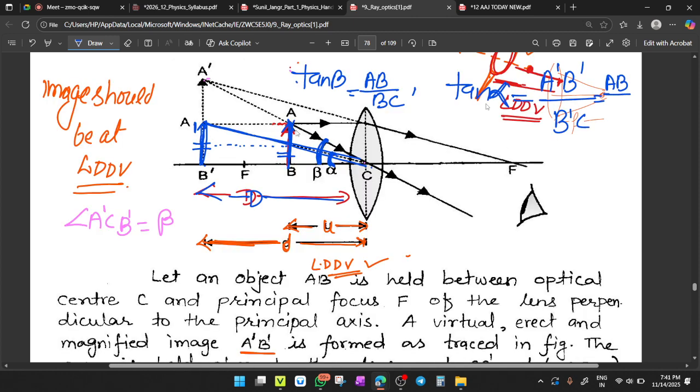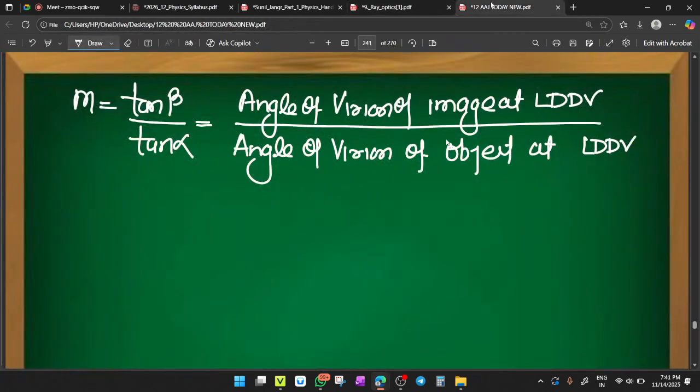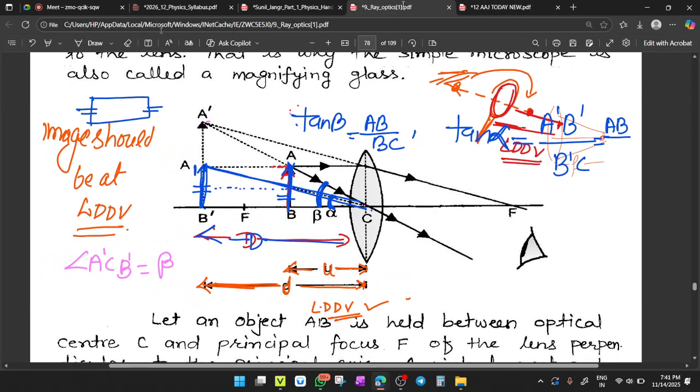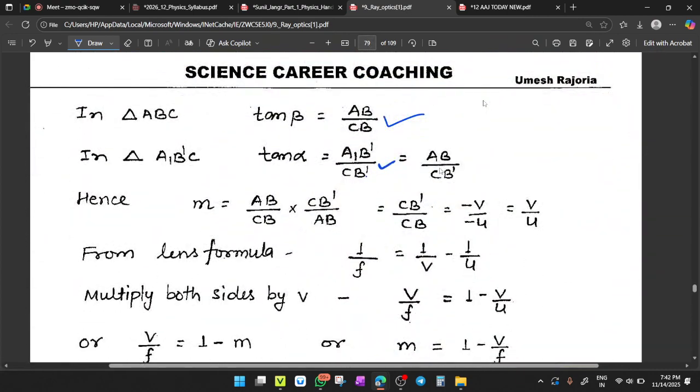So in place of A'B' you can write AB, and this becomes AB upon B'C. Clear?